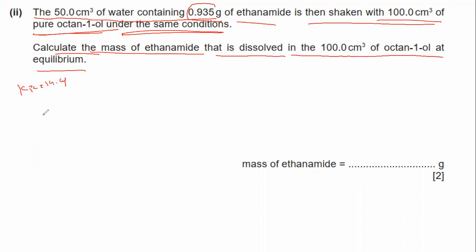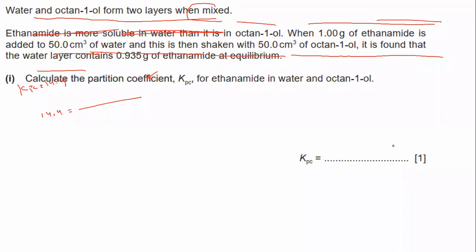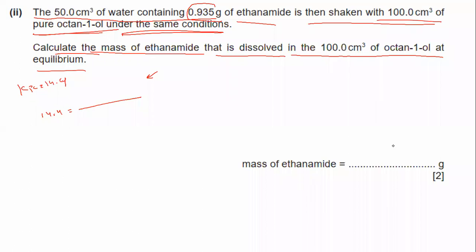Okay, guys. So look, KPC, which is 14.4, equals the concentration of ethanamide in what? Yeah, the water was above in the previous question, right? Just 1 second, let me check. Ethanamide in water, and yeah, the water was the above. So look, guys, now 50 cm³ of water containing this.